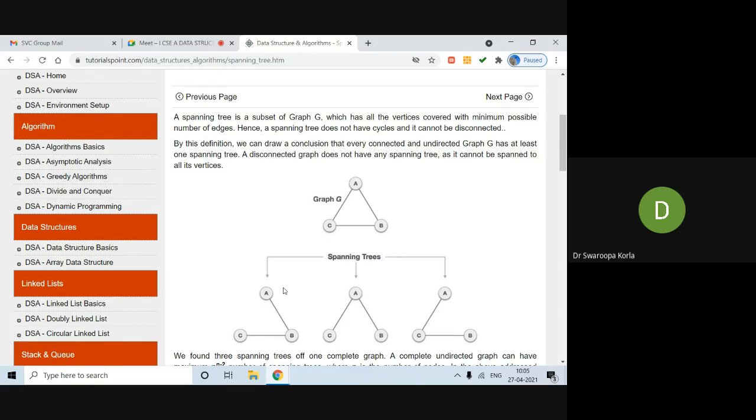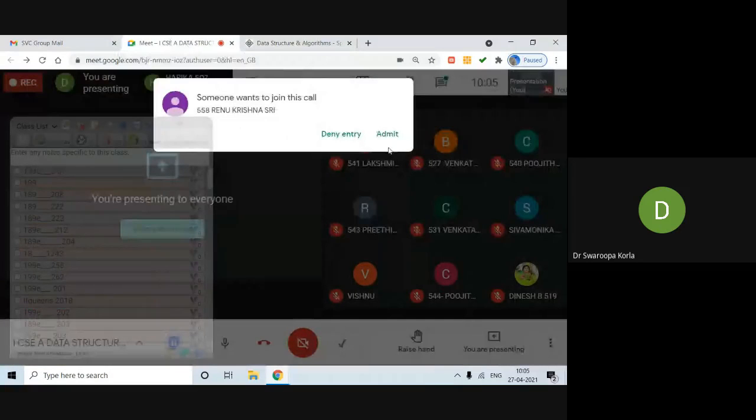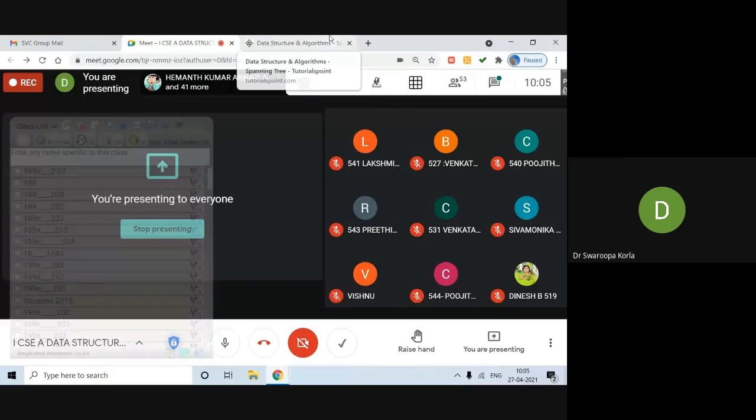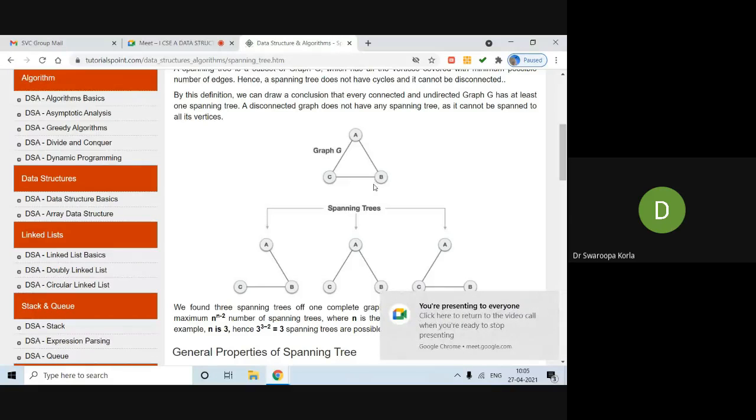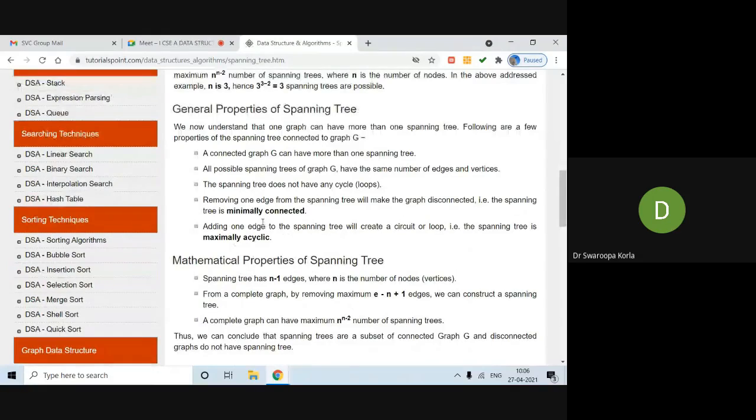Consider this undirected graph and remove any one edge, so you are removing the cycles. When you remove the cycle, your tree is said to be a spanning tree. As the formula we have discussed, for a complete undirected graph with n vertices, we can construct a maximum of n to the power n minus 2 spanning trees. And these are the general properties.